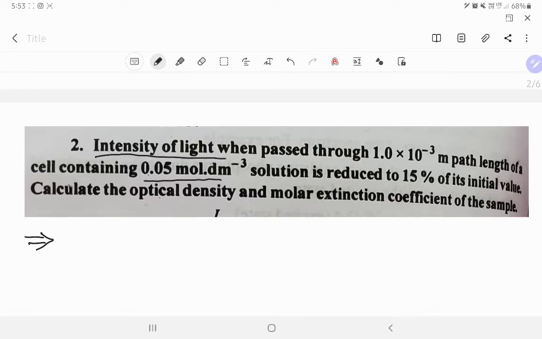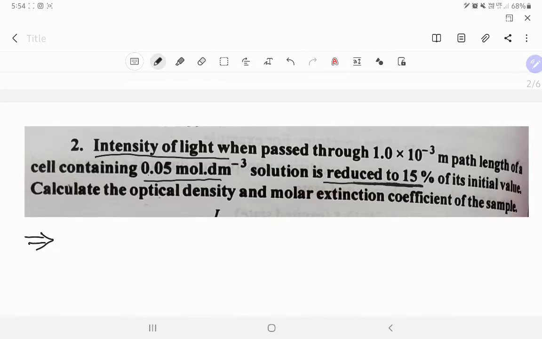Intensity of light is reduced by 15%. Reduced by 15% means 15% light is absorbed, transmitted light is 85%. If it is given reduced by, but here what is given? Reduced to.